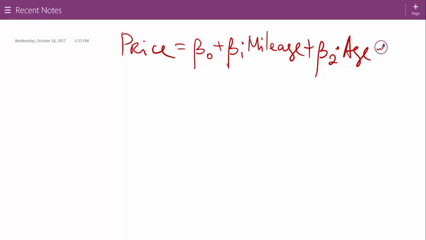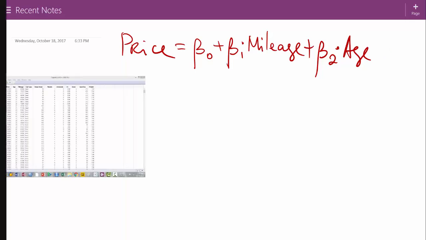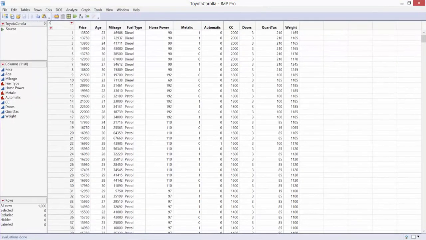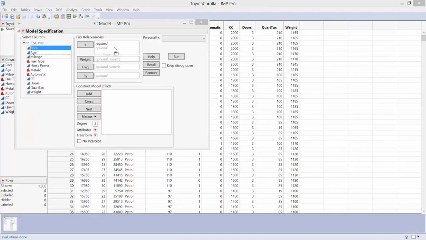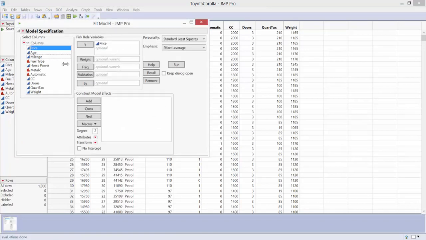Okay, so for now, I'm going to do this model. Again, I hope that my R squared will go up, and we'll see what happens with residuals. What the heck, I have to keep an open mind, without prejudice. So let's fit another model. Kaboom. Same deal, my price is my target, and mileage and the age, I'm going to select them both using the control button.